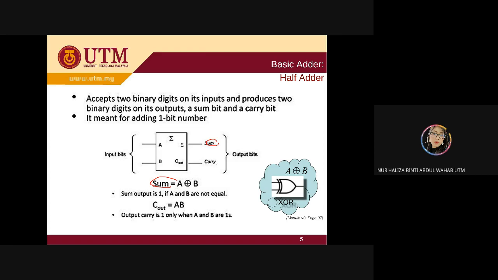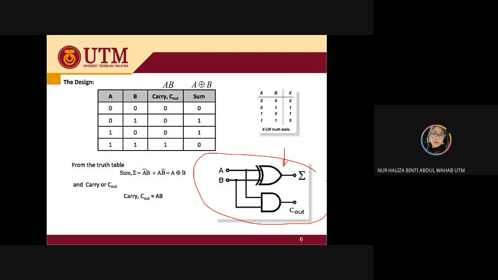But for the carry, you have the following algebra equation, A dot B. That's why this one is an AND gate. After this, you can see the combination of your exclusive OR and also your AND gate. It's combined together, so your half adder looks like this. And inside there are two gates here.